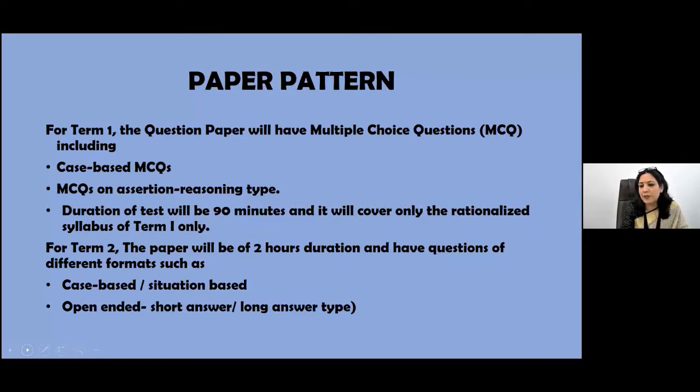This is how it has been divided. Term 1 is completely objective, and in term 2 there will be more descriptive questions. So the children will be given practice accordingly. This will be explained for all the subjects also. Moving on to how to evaluate children.